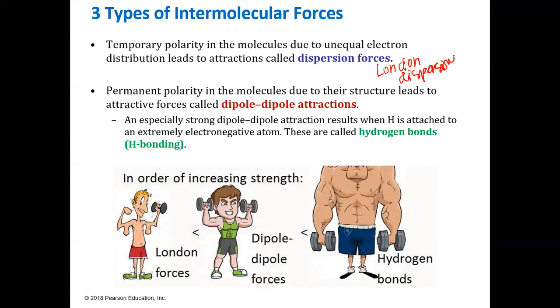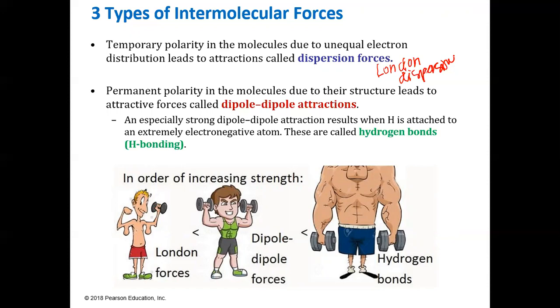The next type of intermolecular force is dipole-dipole attractions or forces. This is where you have a polar molecule, and because it has a permanent polarity, it creates a dipole-dipole attraction, like water, okay?